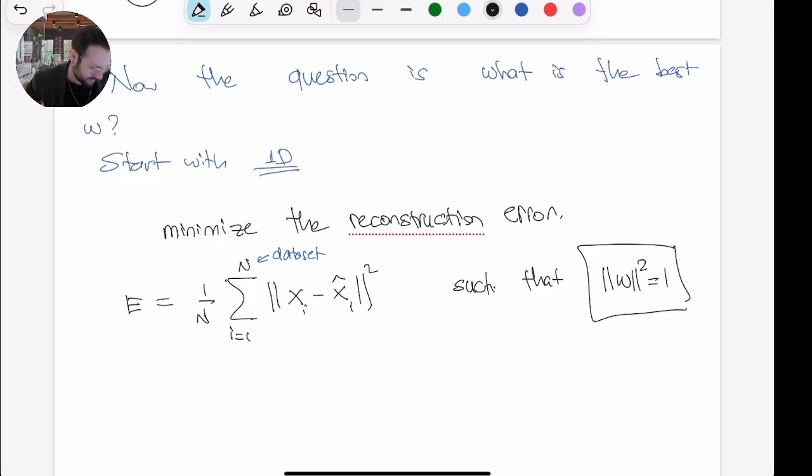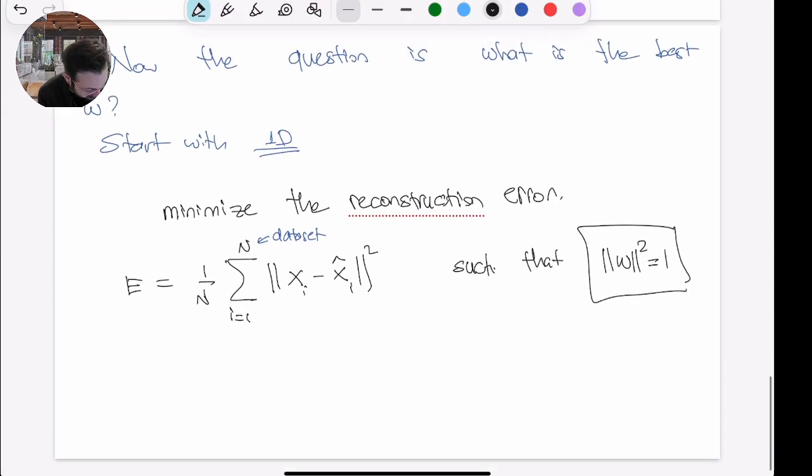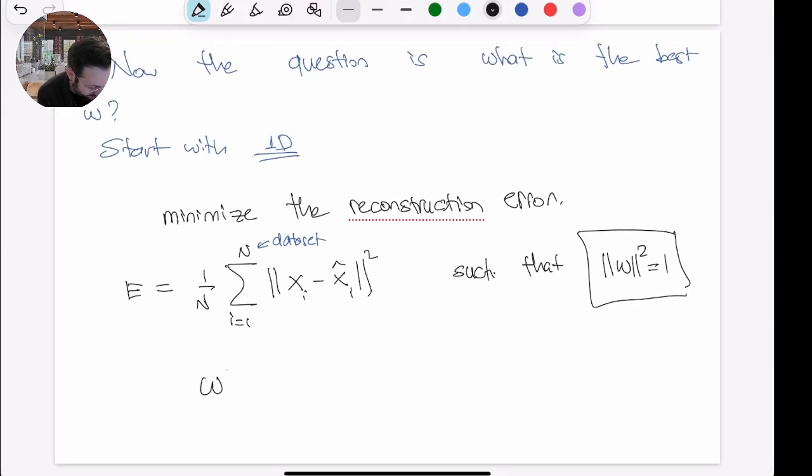I know this w is just the direction. So I would like to find some w star which minimizes, so I'm talking about some argmin over all of these w's that minimizes this error.